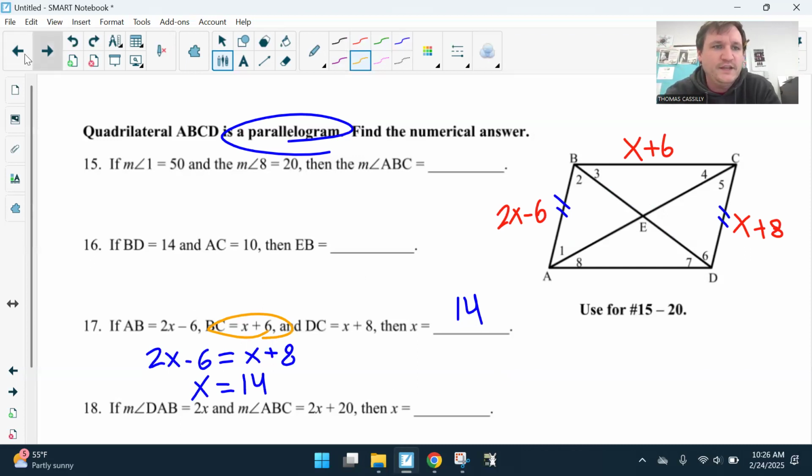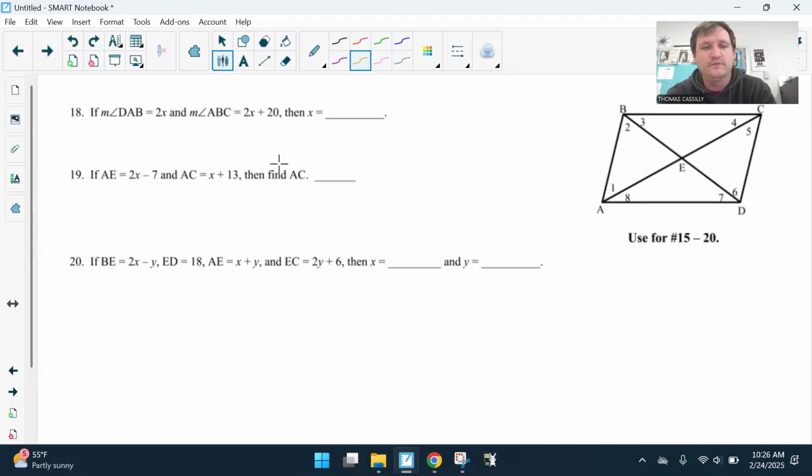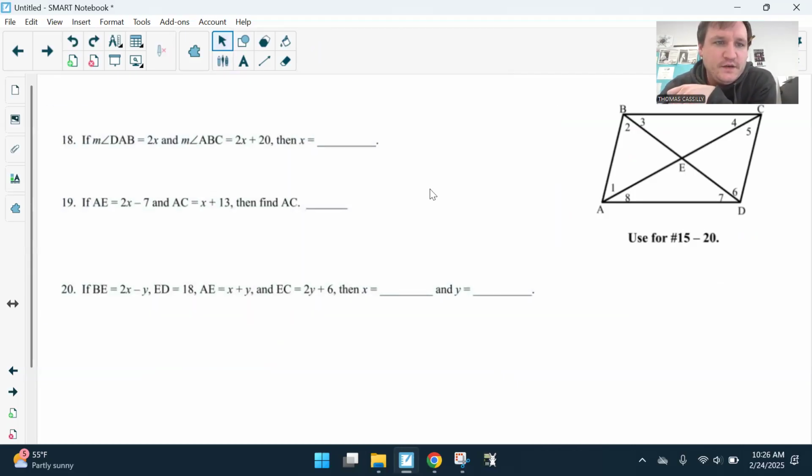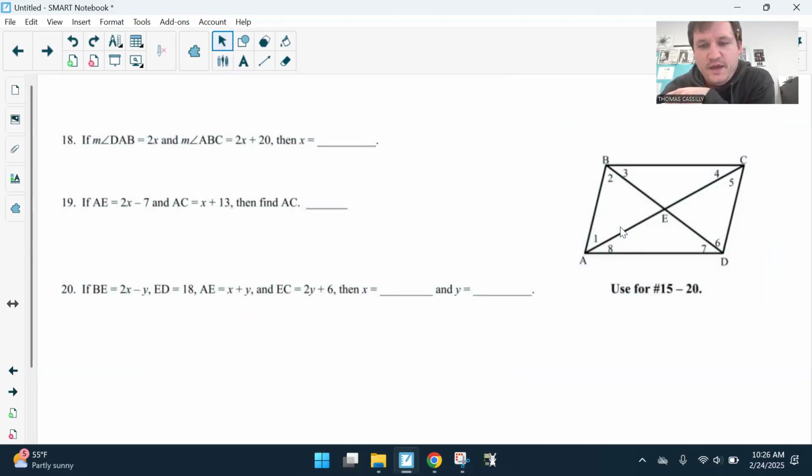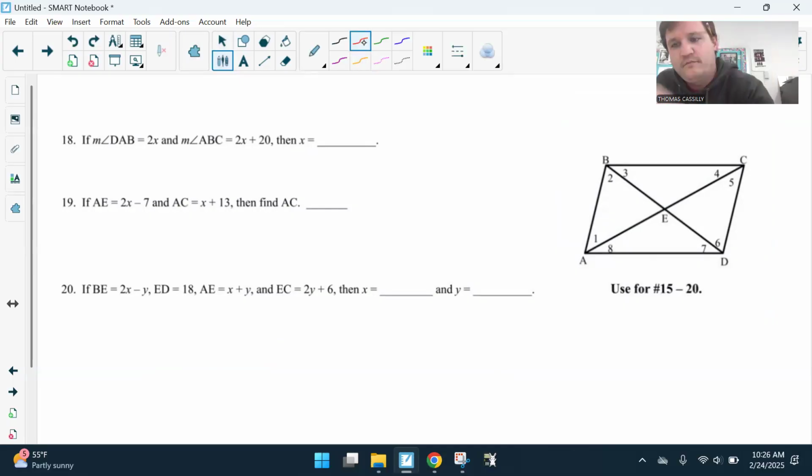Number 18. Do I have 18 over here? I do. So number 18. Angle DAB is this entire corner. Angle DAB is 2x, and ABC, that entire top corner, is 2x plus 20.